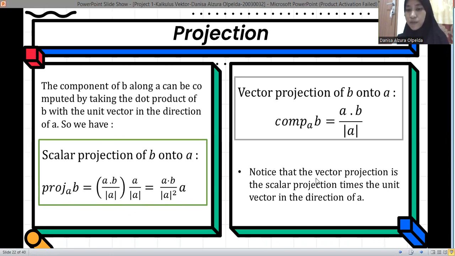Notice that the vector projection is a scalar projection times the unit vector in the direction of A.